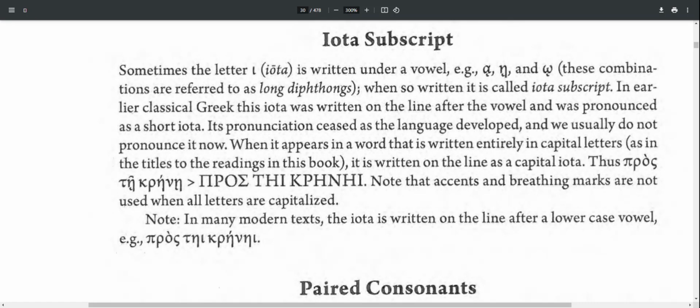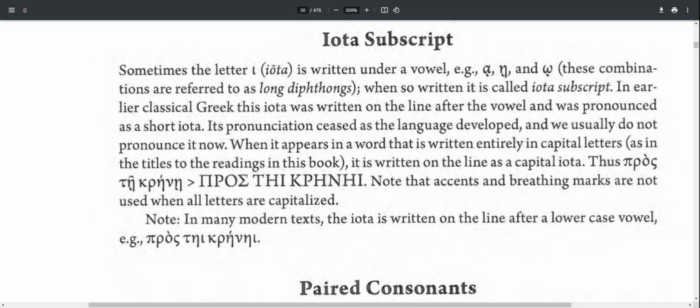And when you write the same expression in all capital letters nowadays in a modern edition, you write the iotas side by side with the etas here, for example. So you can choose not to pronounce it.